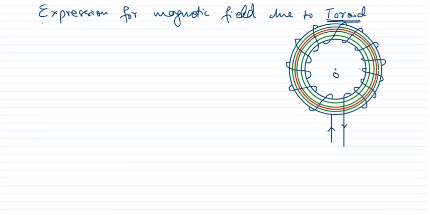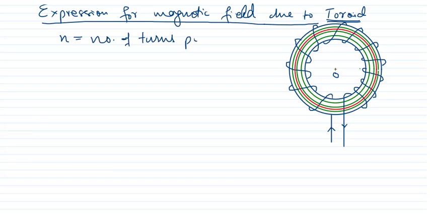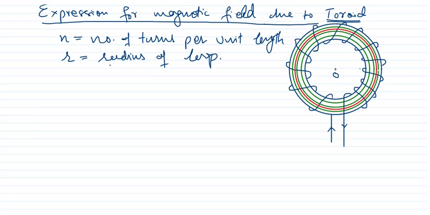As in the previous article, here we will again consider that n is the number of turns per unit length, and R is the radius of the loop which we have imagined, shown in red color.